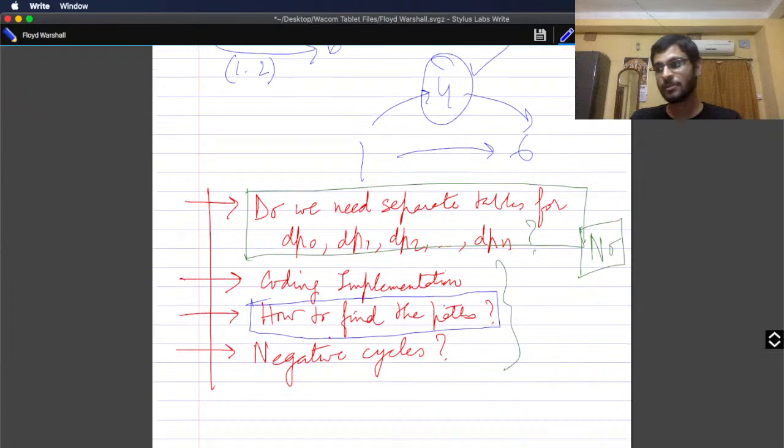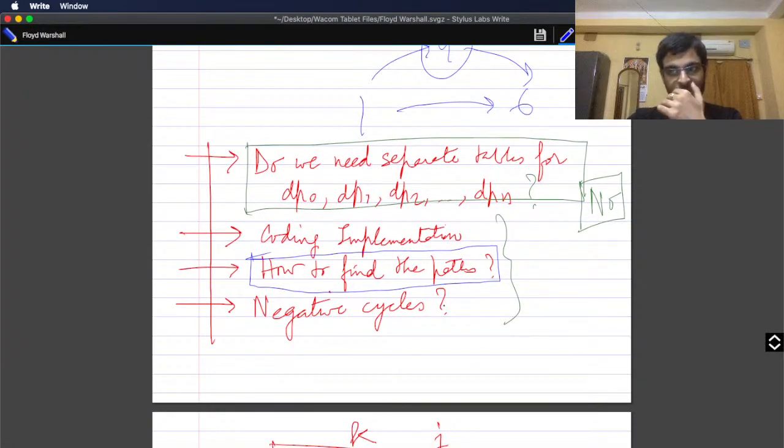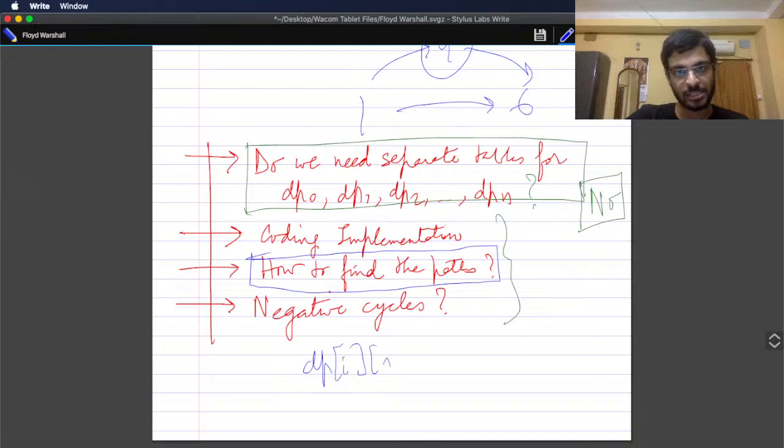So whenever we are using an intermediate node, suppose it is dp[i][j]. With this dp[i][j], I'm going to store which k is actually joining them.